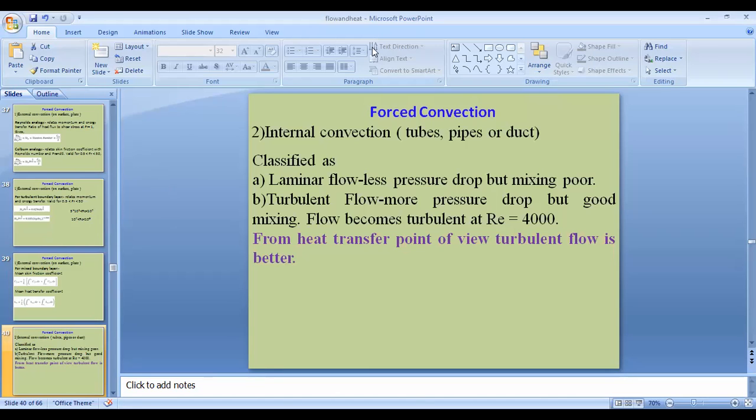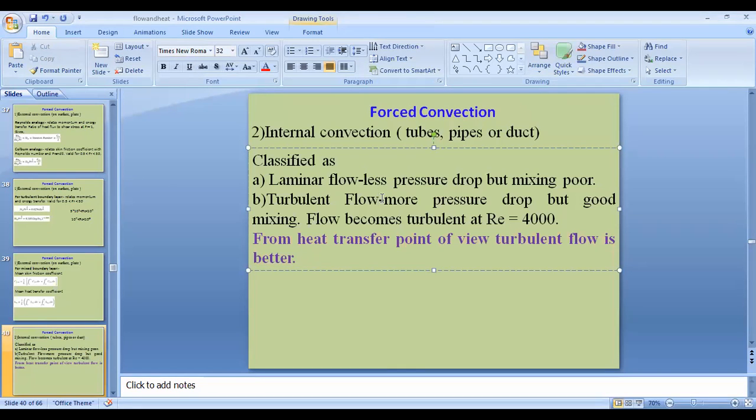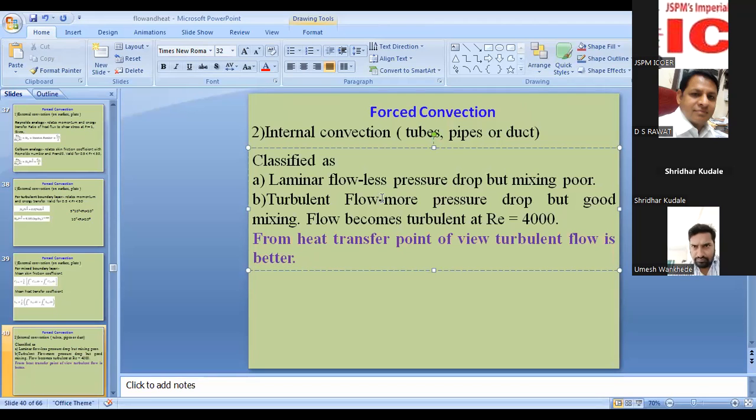In flow in the duct, it is either laminar or turbulent based on the Reynolds number. Like I told, if the Reynolds number is less than 2300, flow is laminar, and if it is more than 4000, it is turbulent.